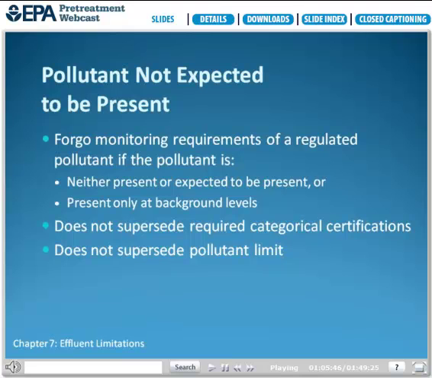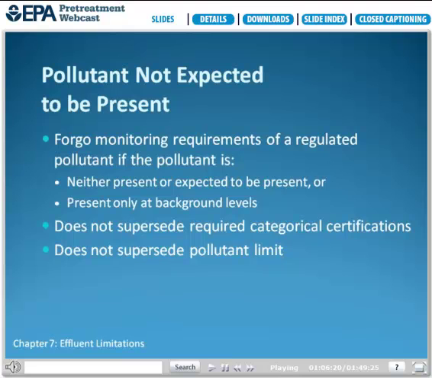Even after the control authority has granted a monitoring waiver, a pollutant not expected to be present can be monitored if the control authority requires it to be. And if at any time the pollutant shows up in the sampling, or the user becomes aware and reports that it is present, then they have to resume sampling.